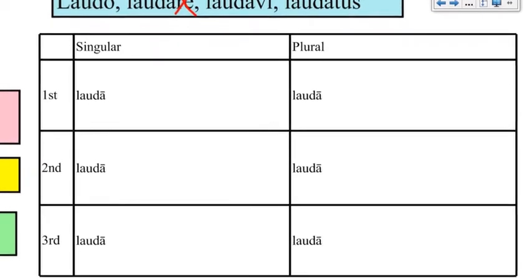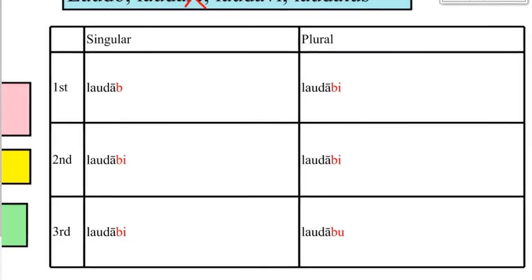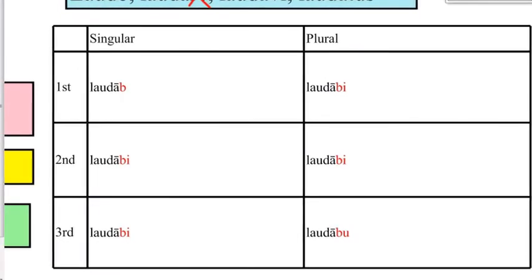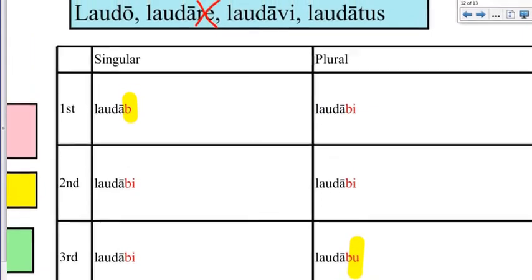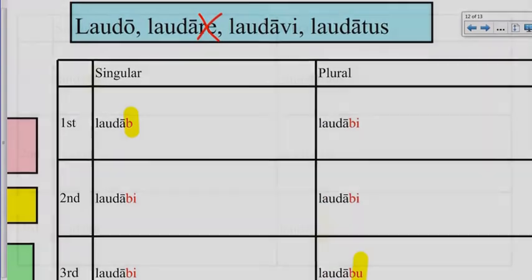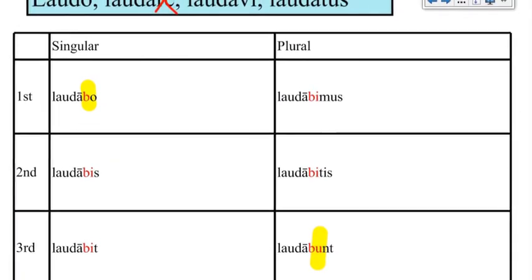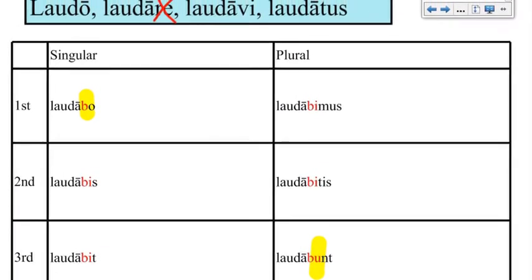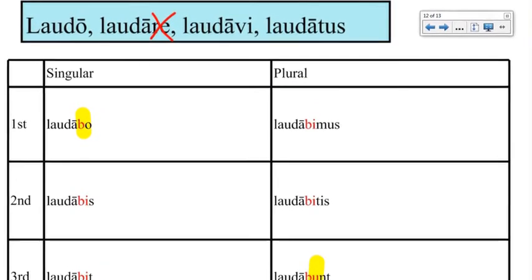You've got lauda there and not laudo. Next, you're going to add your infix, bi, right? But remember that first person singular and third person plural are weird, so you don't have bi there. Then you add your most, must, is, nt endings. Laudabo, laudabis, laudabit, laudabimus, laudabitis, laudabunt.